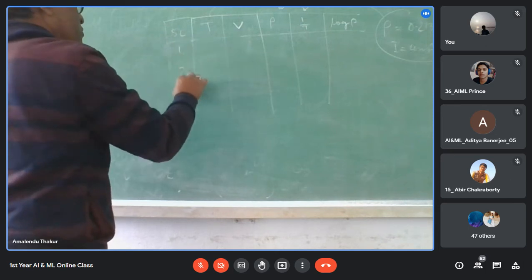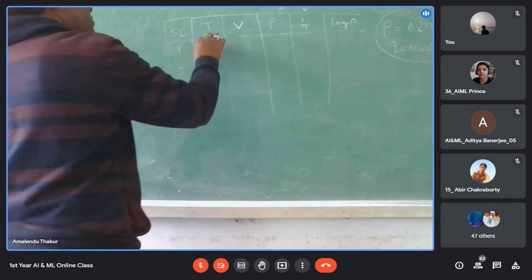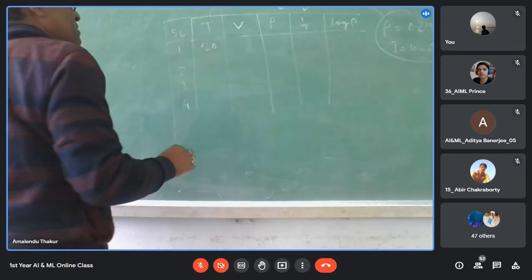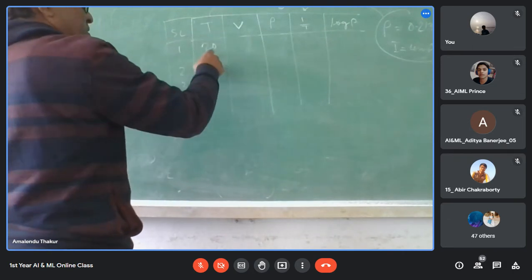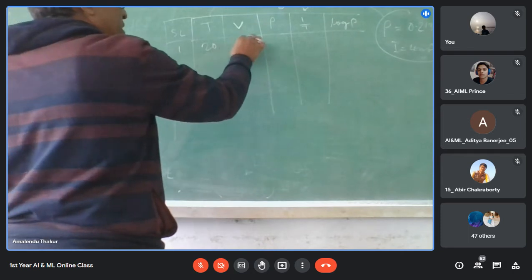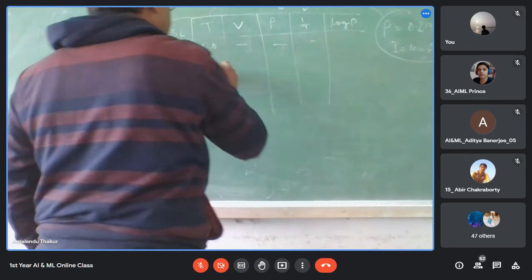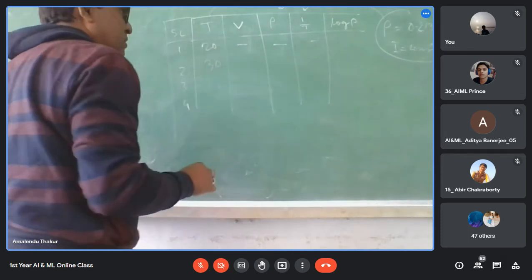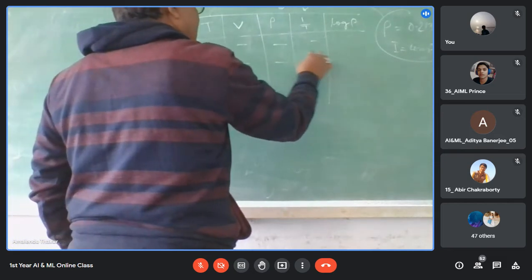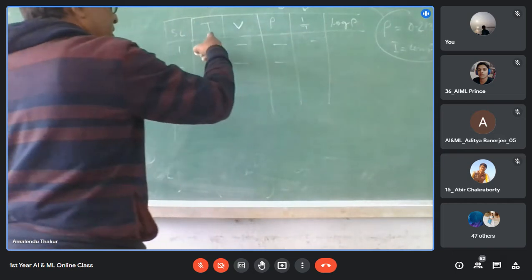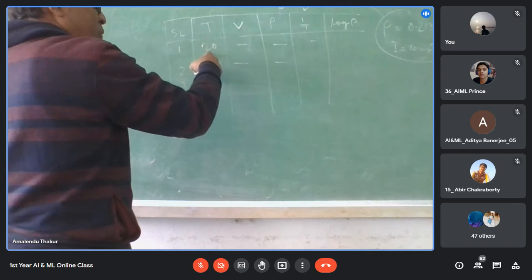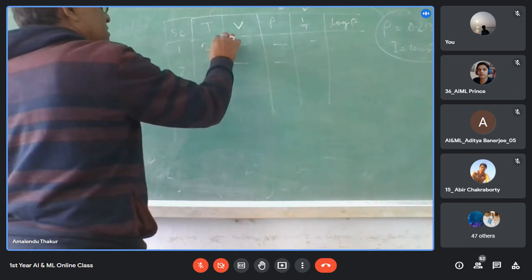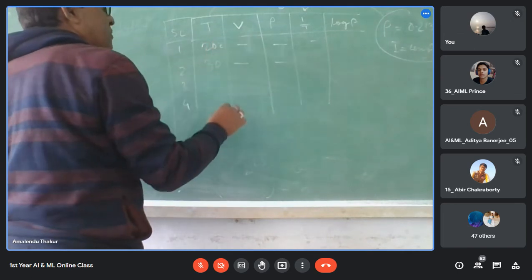1, 2, 3, 4. Suppose room temperature is 20 degrees Celsius. In Celsius, 20 degrees. Correspondingly, take the voltage. Now suppose at 30, the corresponding value, and we always convert it from degree Celsius to Kelvin.